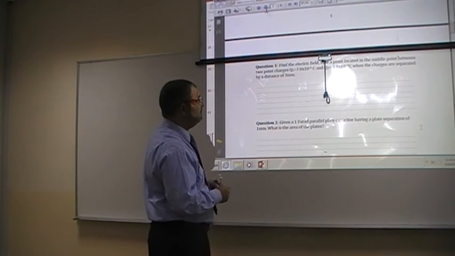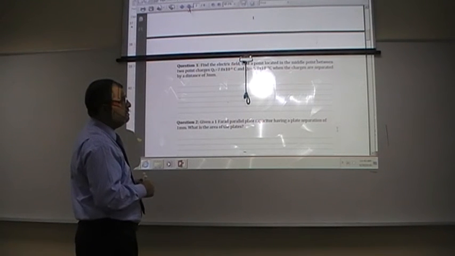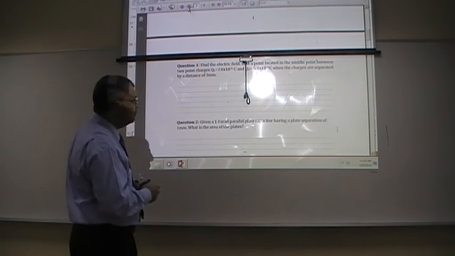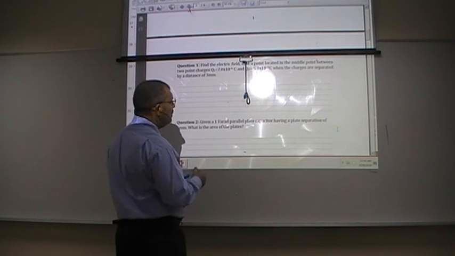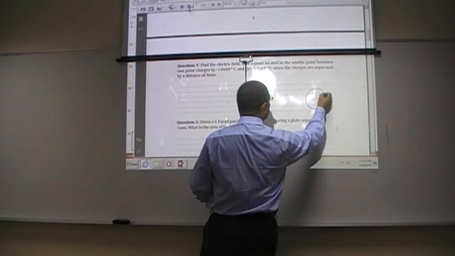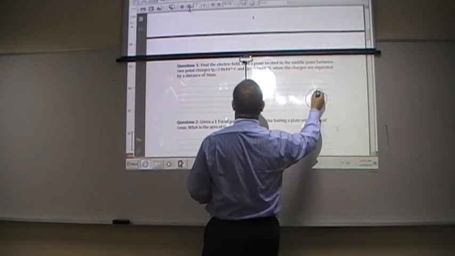Okay, so the first question: find the electric field, E, at a point located in the middle between 2 point charges, Q1 equal to this and Q2 equal to this, when the charges are separated by 3 millimeters. So I have one charge here, let's call it Q1, it's positive.